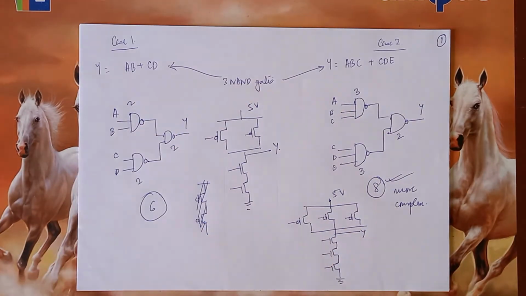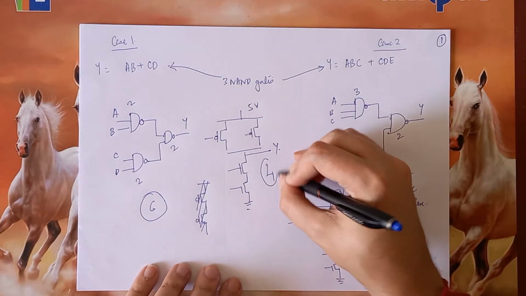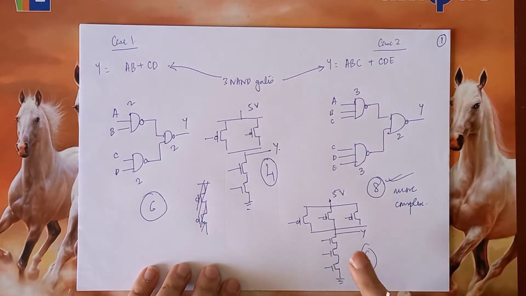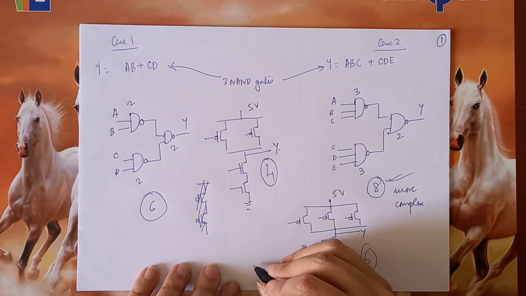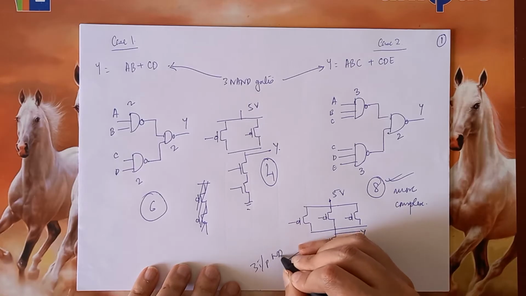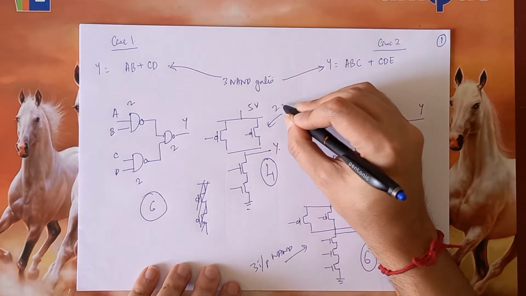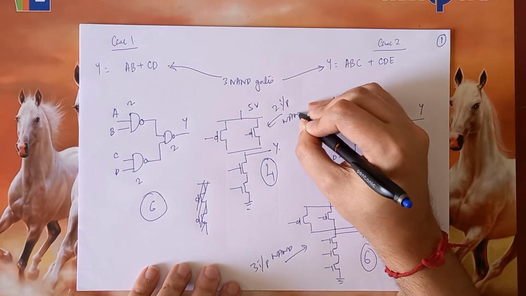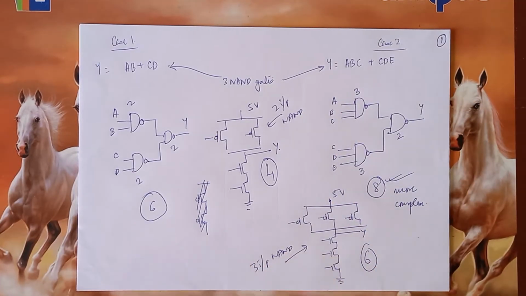So if you compare the transistors, here there are 4 transistors and here there are 6. So obviously this is for a 3-input NAND and this is for a 2-input NAND. Since the 3-input NAND has 6 transistors, it is more complex. So this solves the debate.